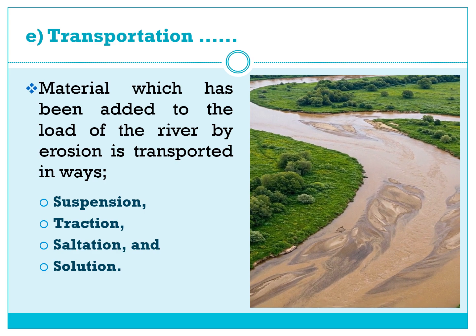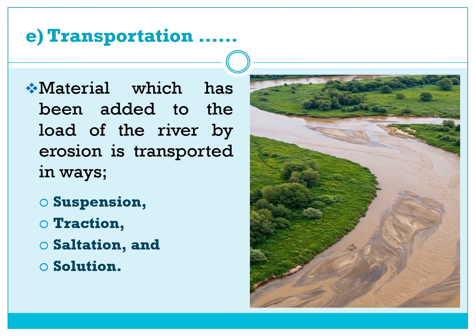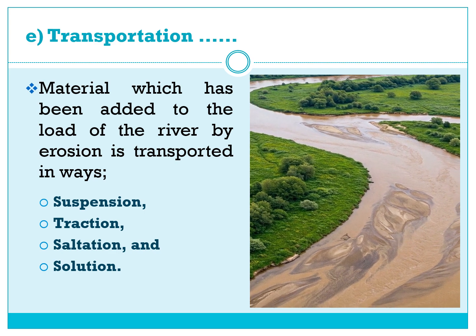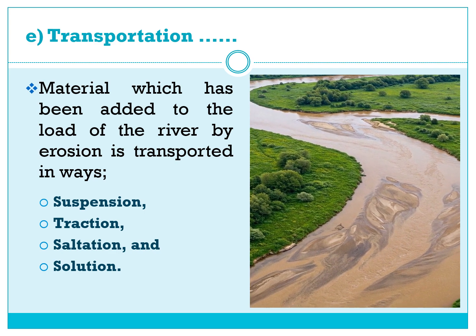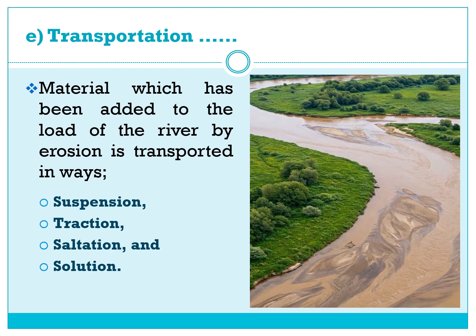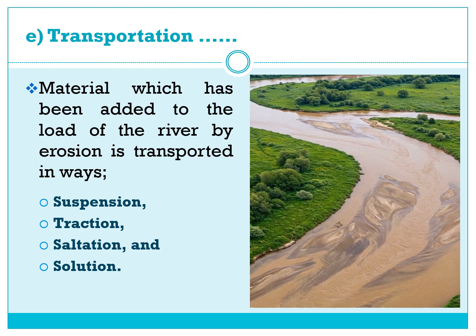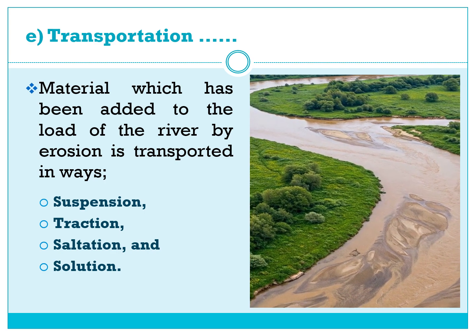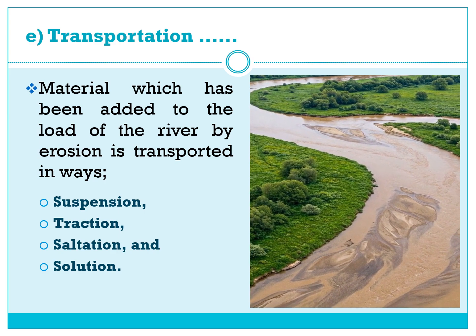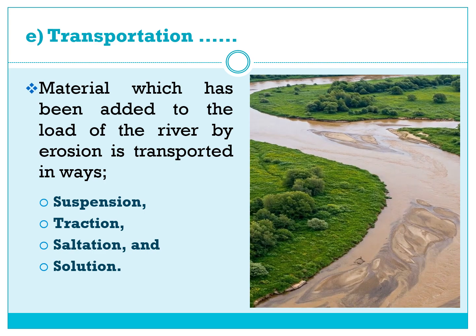Larger particles, however, like sand and gravel, are too heavy to remain suspended. They are moved closer to the riverbed through two distinct processes, that is, traction and saltation. Traction involves the largest particles, like pebbles and cobbles, being dragged or rolled along the riverbed by the force of the flowing water.